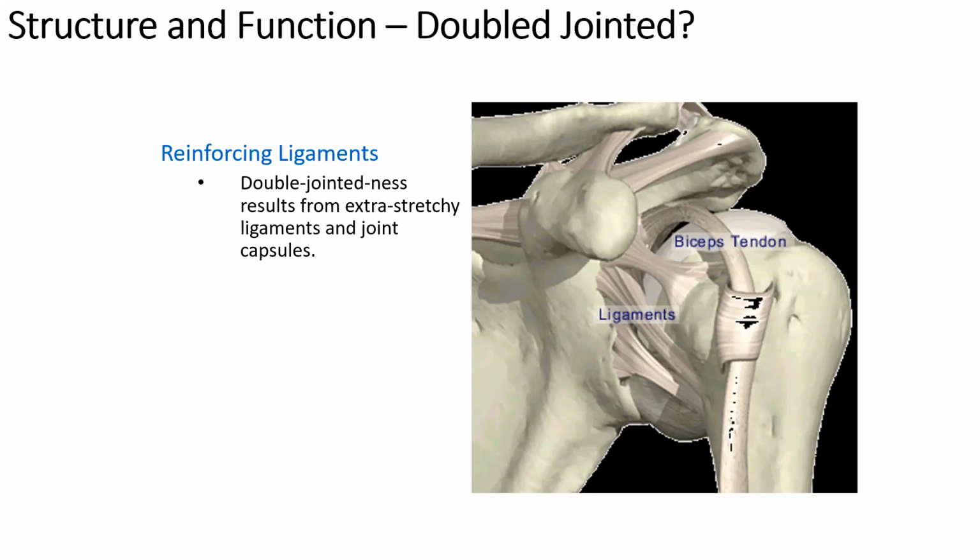So they appear to be able to put their ankles behind their neck, or bend the end of their finger down and leave the rest of the joints at the knuckles in a straight line. The ligaments and capsules are extra stretchy. We say double jointedness, but there is no such thing.